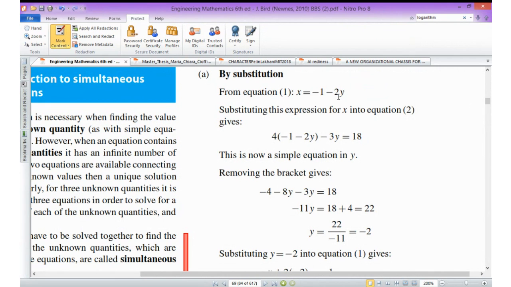Okay. So from here, anywhere we see x, we'll put -1, -2y. And that is what has been done here.